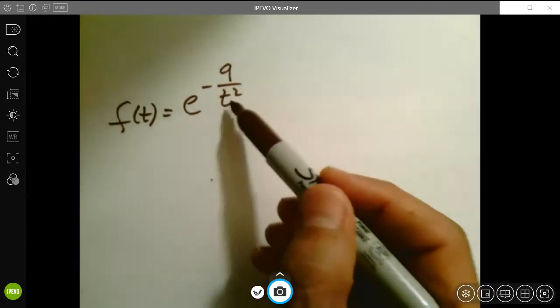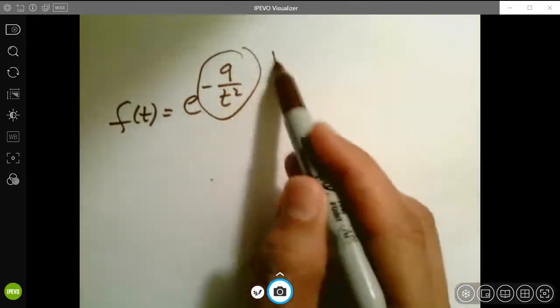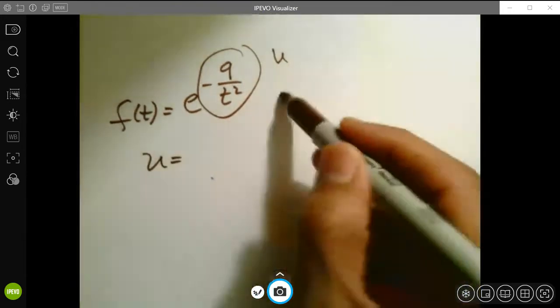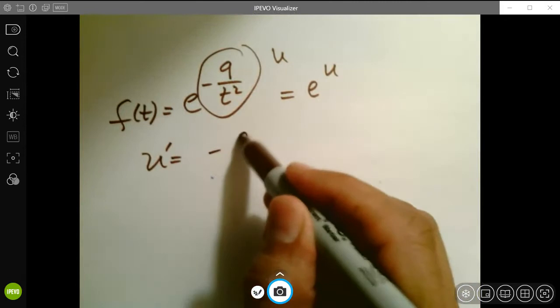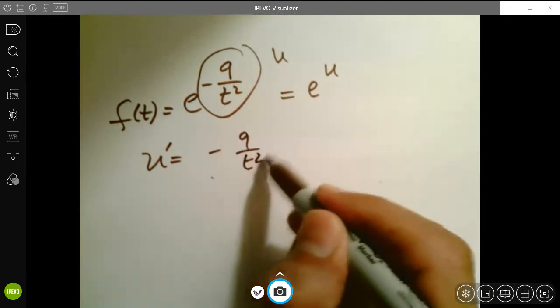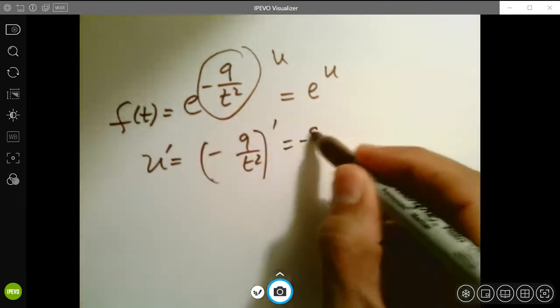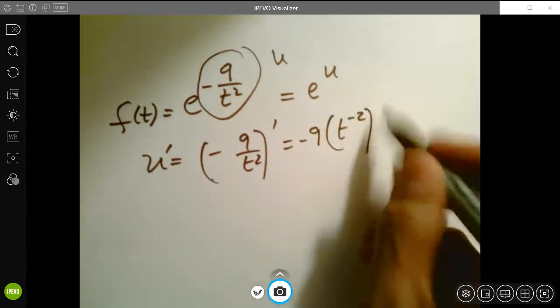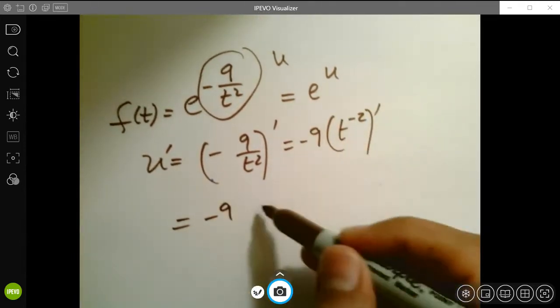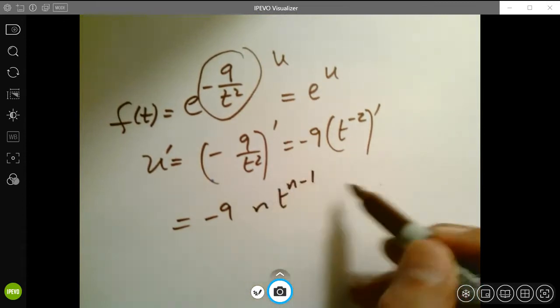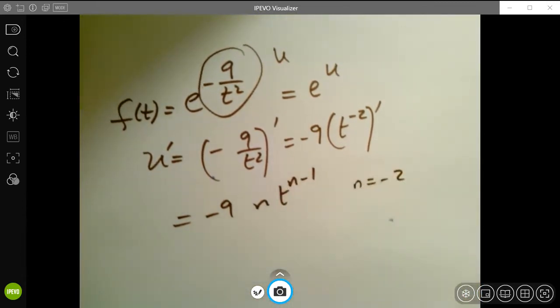Here x is like t, and this one will be u. So I will get exponential u. Now what is u prime? It is minus 9 t to negative 2, prime, which is minus 9 times n times t to n minus 1, with n equal to negative 2.